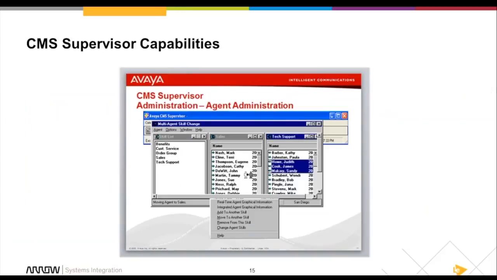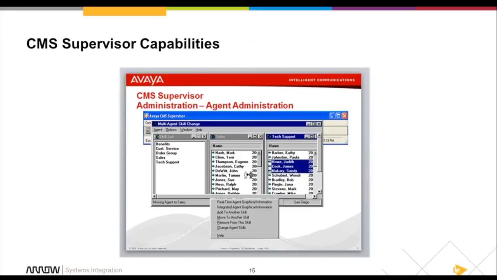The other thing that is really handy that we have within the communication CMS is we can move agents. So let's just say that our English group is getting inundated with calls, and we have Spanish-speaking people that can also take English-speaking calls.